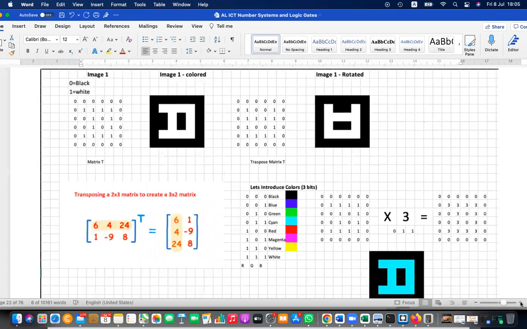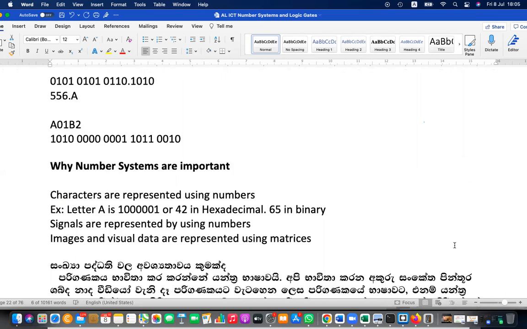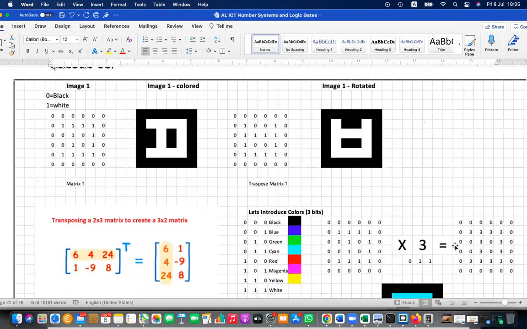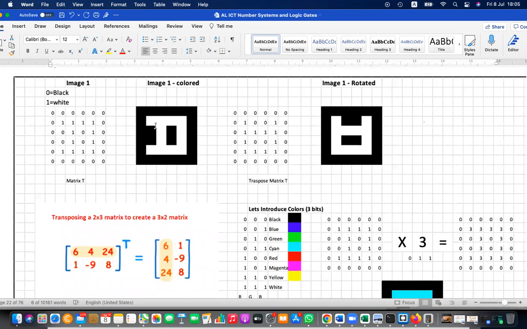Write the heading encoding data. I'll write it here, encoding data.